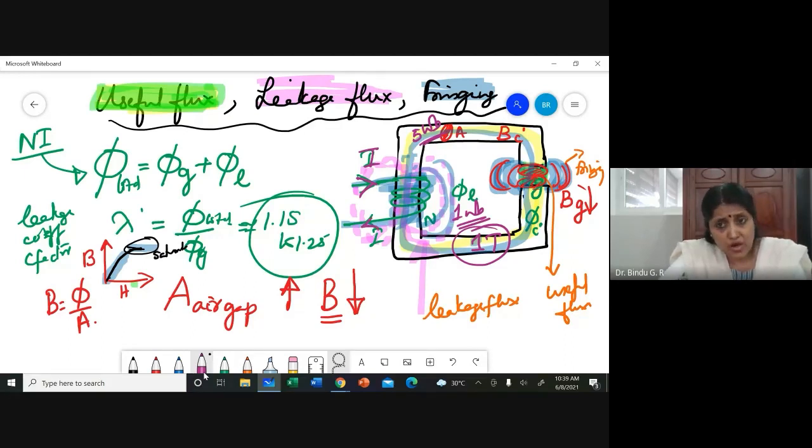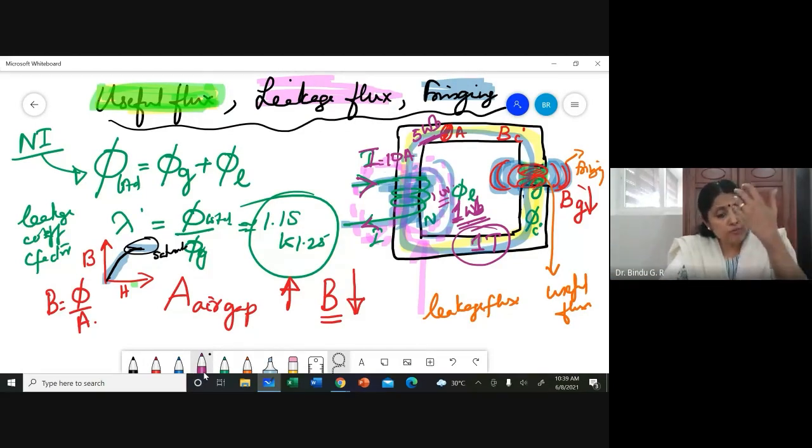Say I had 10 amperes passing through 100 turns, which would have produced 5 Webers if there was no leakage flux. These are just small layman values.